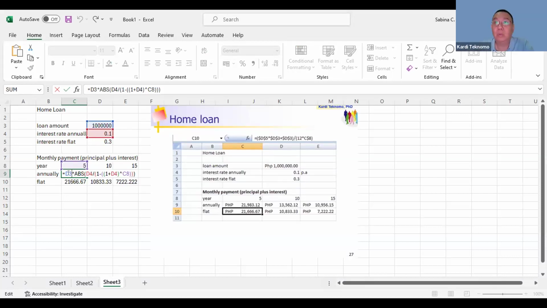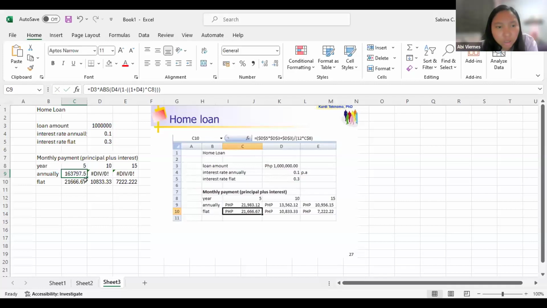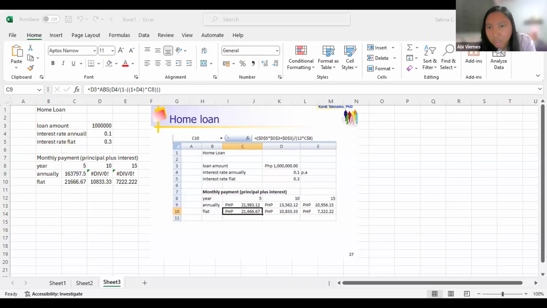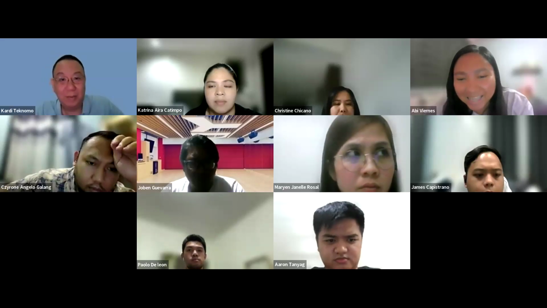So that one you can use A equal P and then multiply by that formula. The next slide, formula. Copy. Sorry, sir.